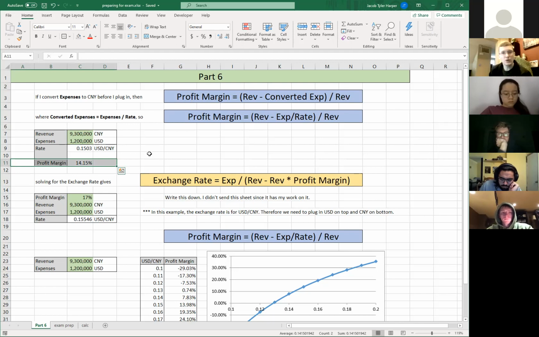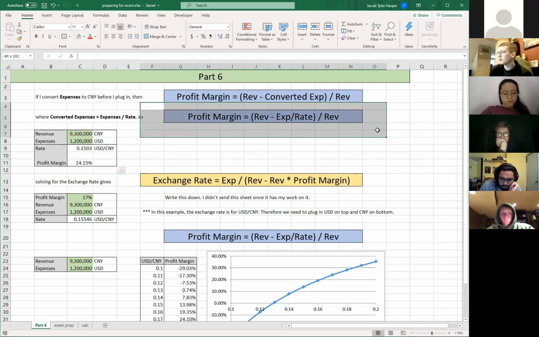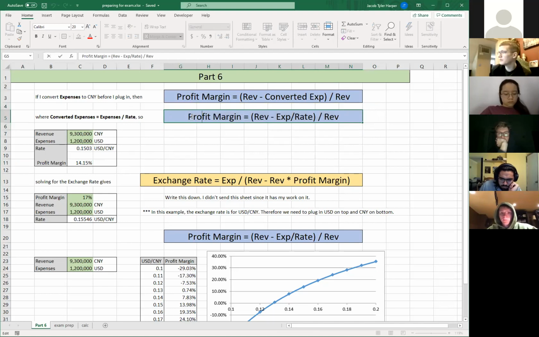Now, the second question was a little bit different. It's still asking us about profit margin, but it starts by giving us the profit margin and asking us to solve for the exchange rate.